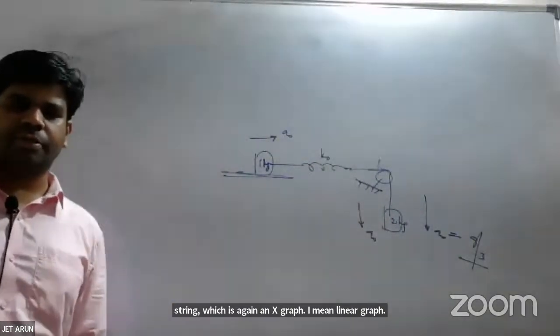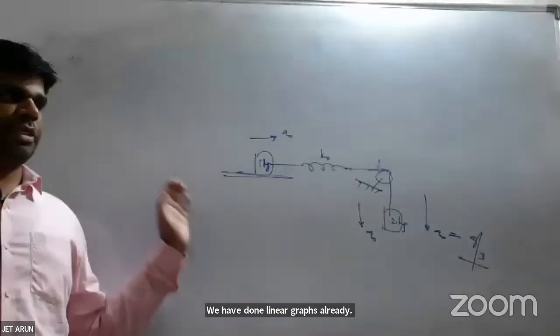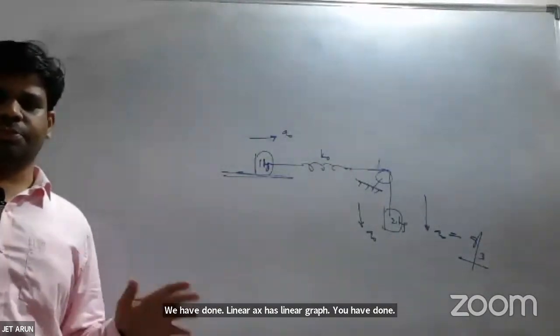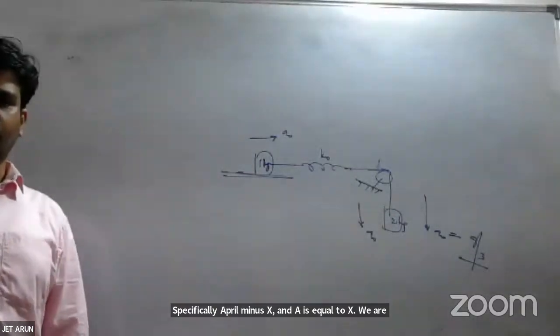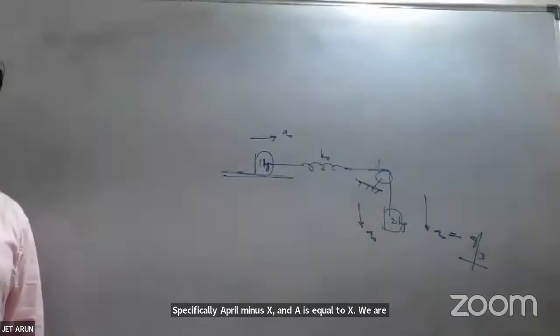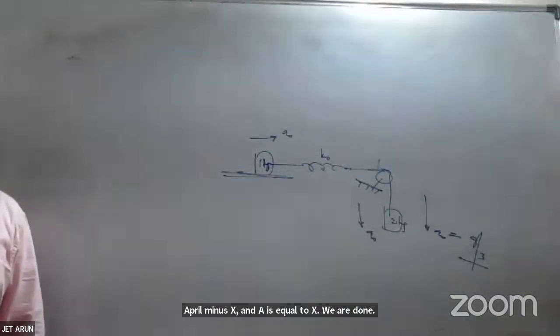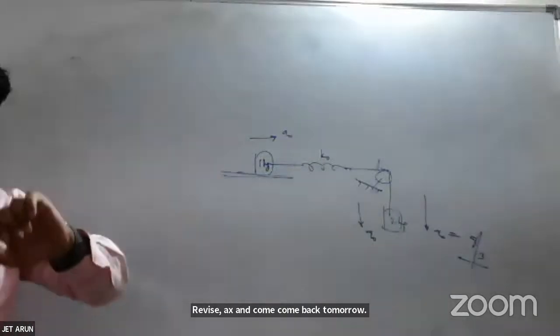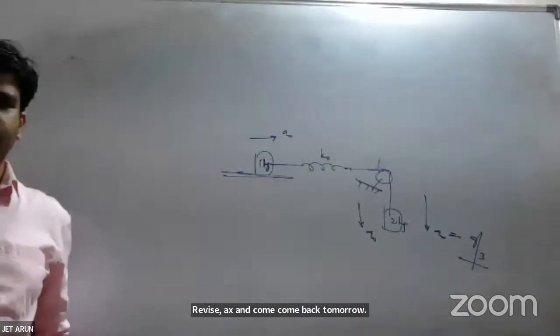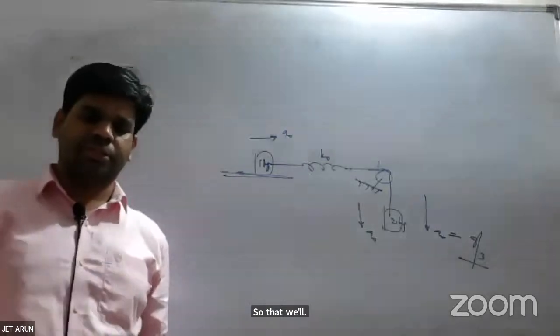A is equal to kx we have done, A is equal to minus kx we have done, or specifically A is equal to minus x and A is equal to x we have done. So please revise the AX graph and come back tomorrow so that we'll have an easy time discussing the graphs in springs.